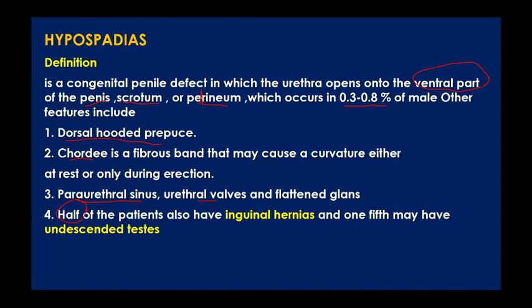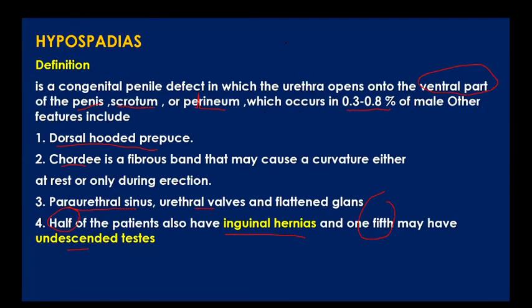One fifth of patients have inguinal hernia, and one fifth have undescended testes. So these are important associated anomalies with hypospadias.